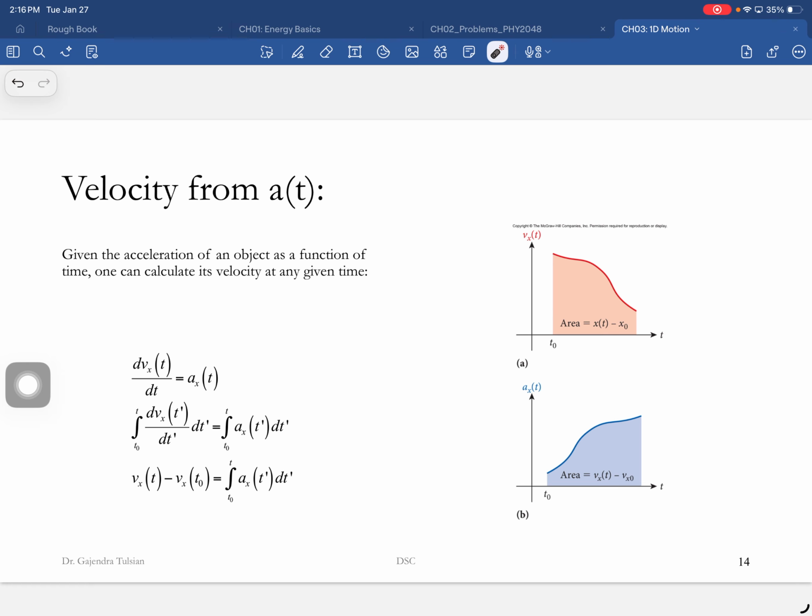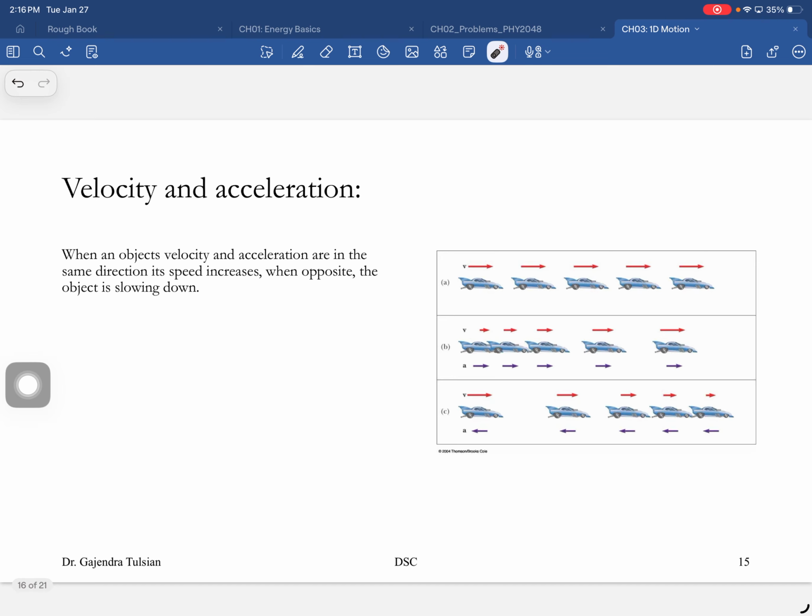So what does it mean by freely falling object? The only force acting on it is gravity. That is the only force that matters. All other forces are negligible. So in this case, the friction was negligible. In this case, it was not.